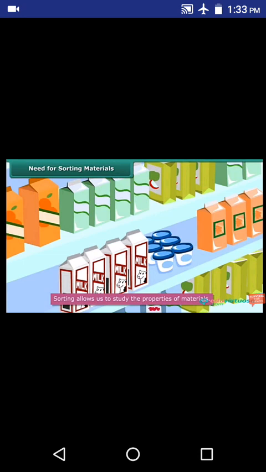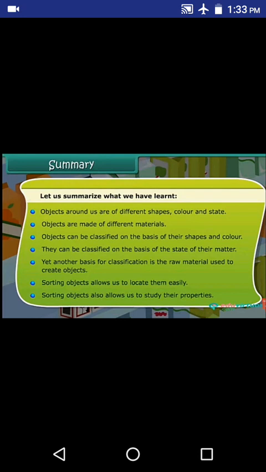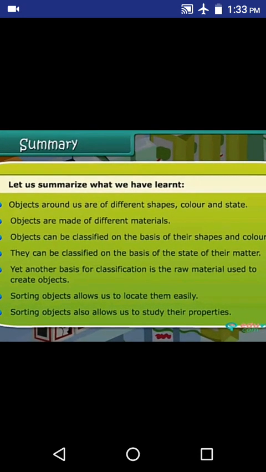So let's summarize our chapter. Objects around us are of different shapes, colors and states. You all have studied that separation can be done on the basis of shape, color and state. Objects are made up of different materials. It means the raw materials used to make the objects are of different types. Objects can be classified on the basis of their shapes and color.